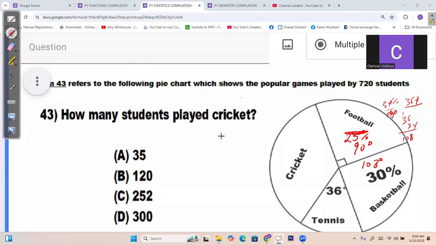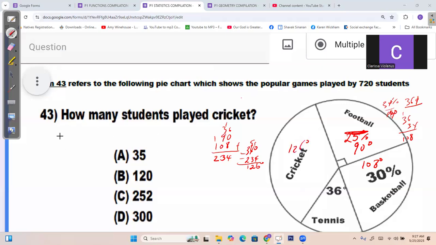So that would be what? 90, 108, and 36 degrees. 234. So 360 minus 234 is 126 degrees. So this is 126 degrees.